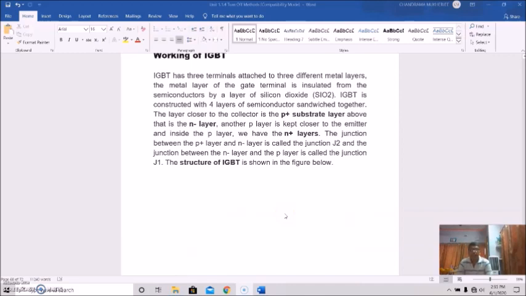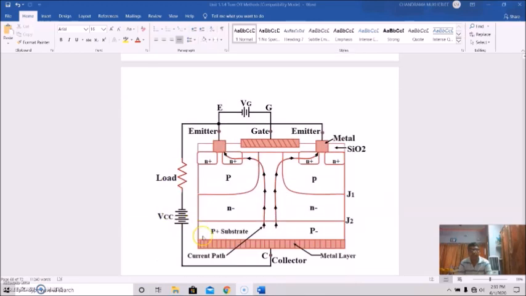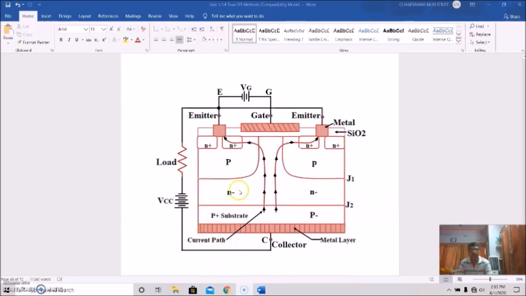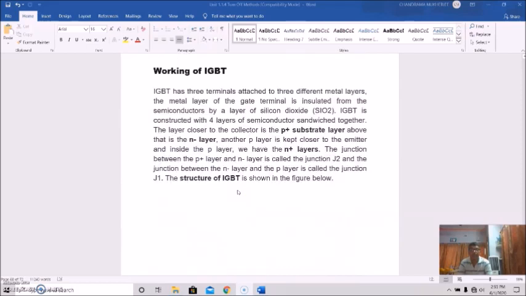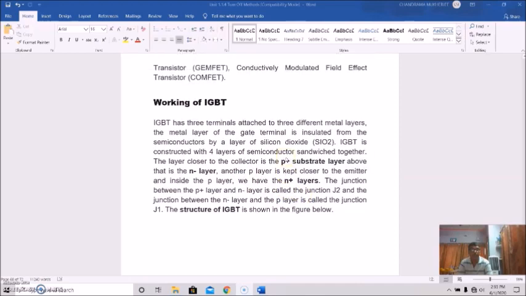IGBT is constructed with four layers of semiconductor sandwiched together. The layer closer to the collector is the P plus substrate layer. Above that is the N minus layer. Another P layer is kept closer to the emitter, and inside the P layer we have the N plus layers.